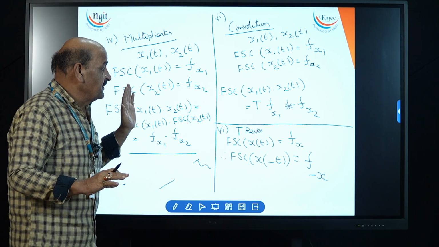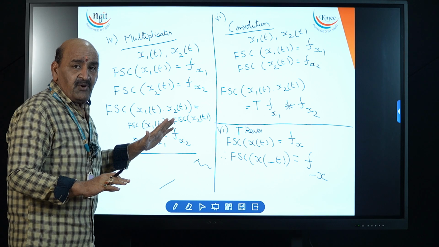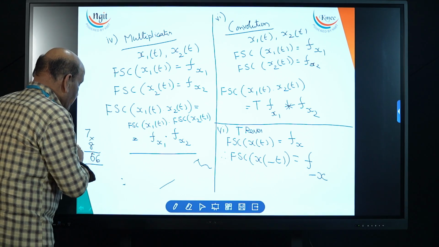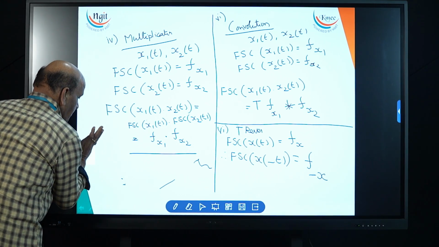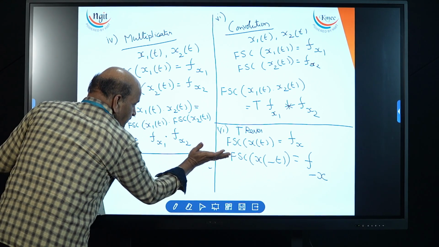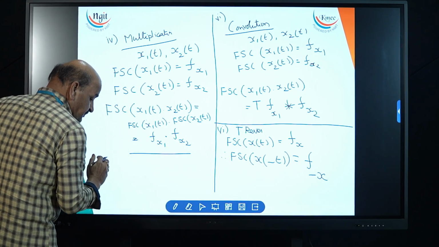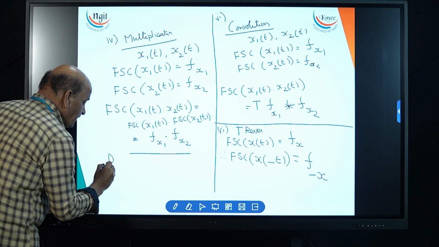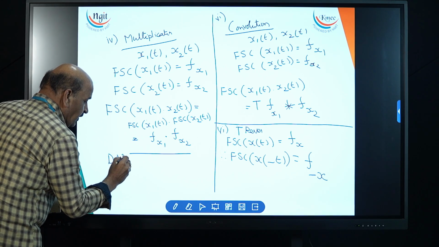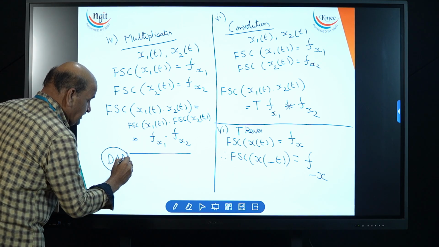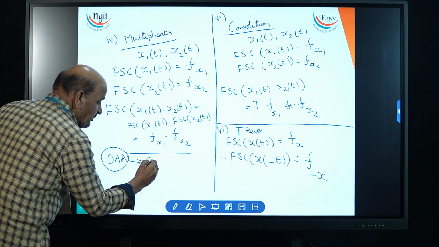Again, I am repeating the important point. In design and analysis of algorithms or data structures, we use the word complexity.